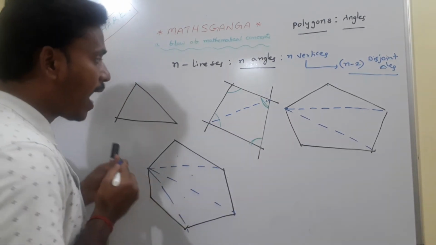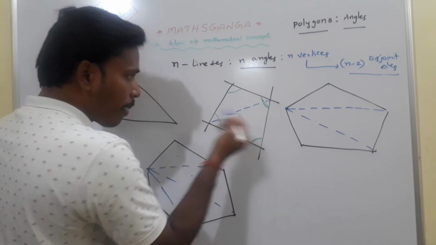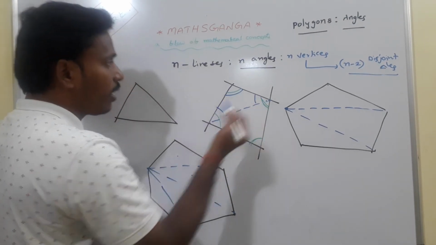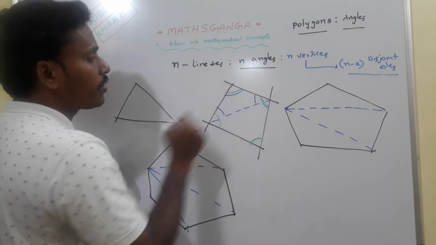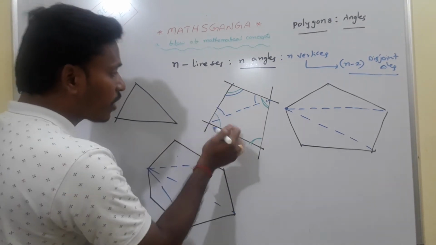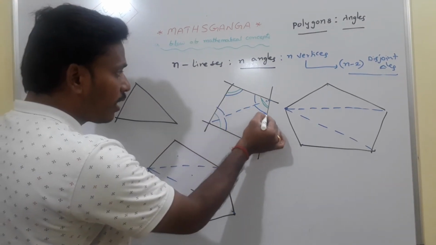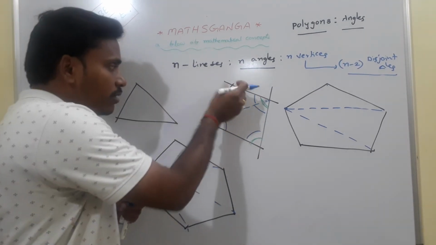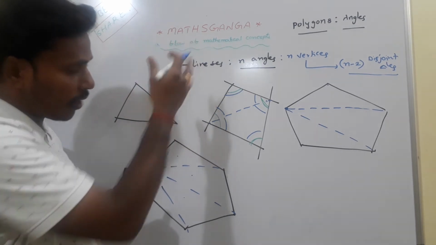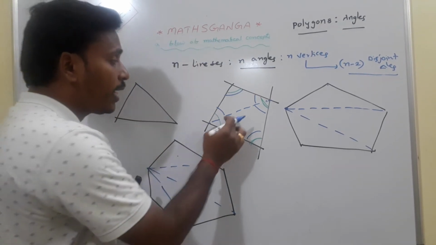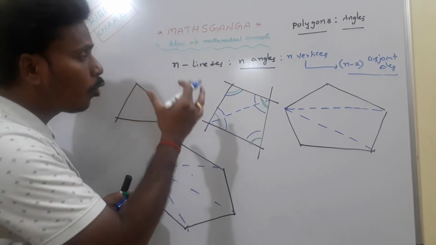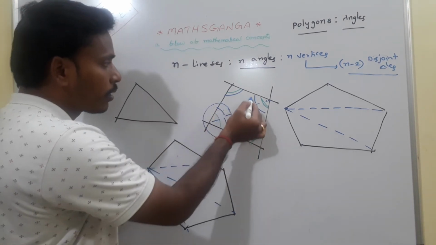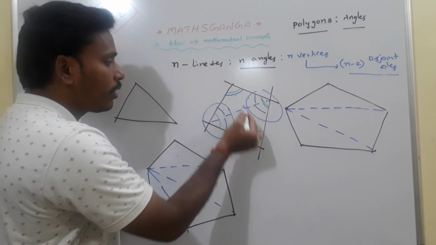I am indicating this is one angle, this is another angle, this is another angle. In this triangle, the sum of these three angles is 180. In the second triangle also, the sum of these three angles is 180. The sum of three angles is 180 in the upper triangle and 180 in the lower triangle. On the whole, the sum of these two is one angle, the sum of these two is this angle, and these two.